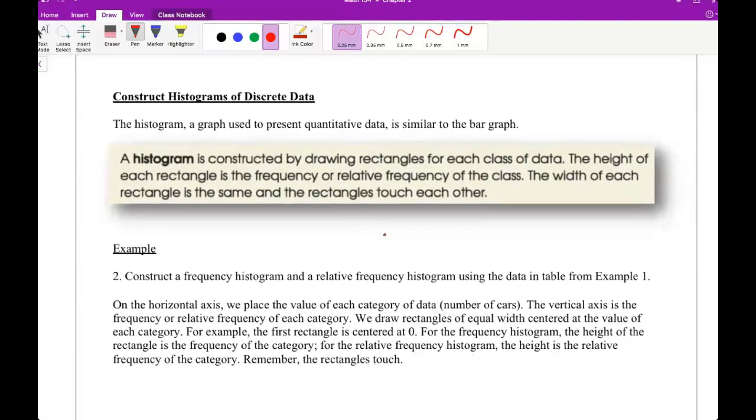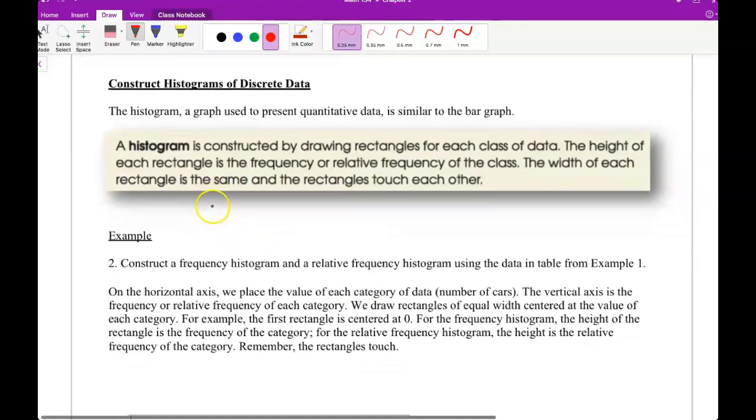Okay, now next page, construct a histogram of discrete data. This is a histogram, which is constructed by drawing rectangles. We have a rectangle for each class of data. The height of each rectangle is the frequency or relative frequency, depending on what is being asked.